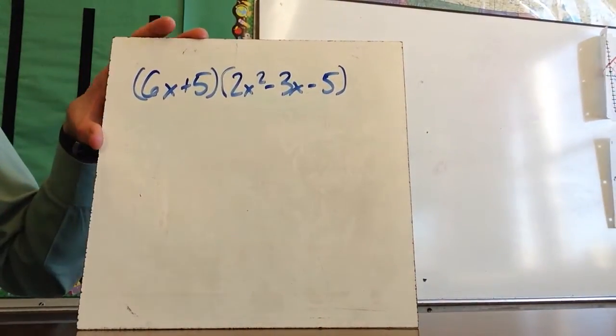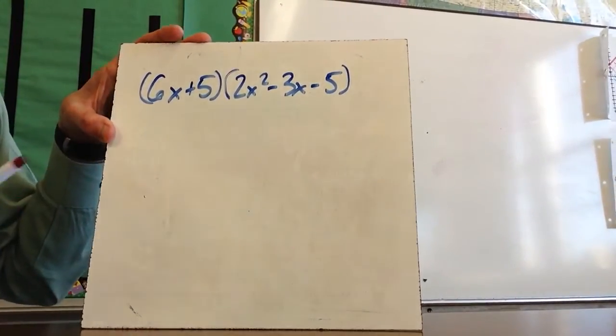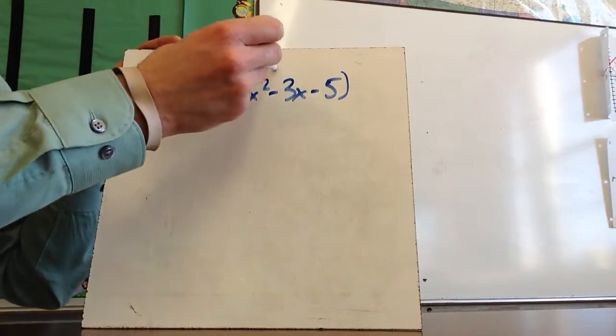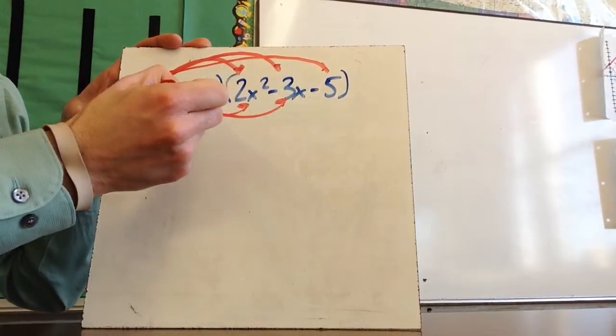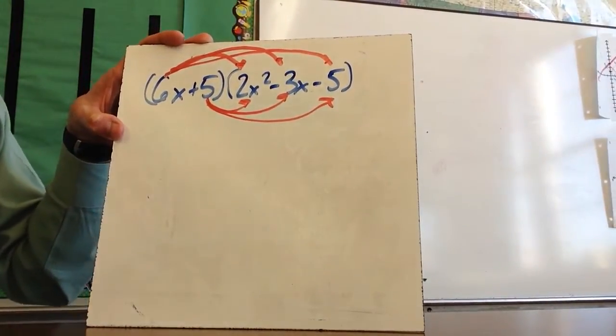All right, and then the final problem now, and you'll notice this one is a binomial by a trinomial. And so this is where FOIL kind of breaks down. So what I'm going to do is take the 6x to each of these, and then I need to take the 5 to each of these, keeping in mind this is a negative 3x and a negative 5.